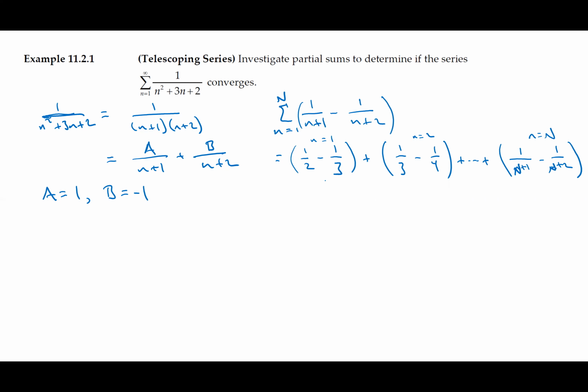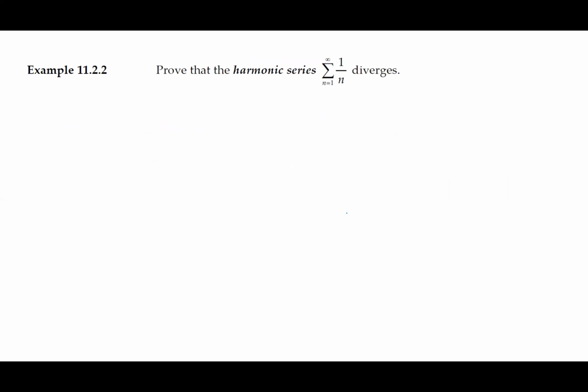You've got this negative 1/3 plus 1/3. Negative 1/4, the next one will be plus 1/4. So you have all these zero sums, and what you're left with is just the first term and the last term. By rearranging those sums, you get this very nice expression.